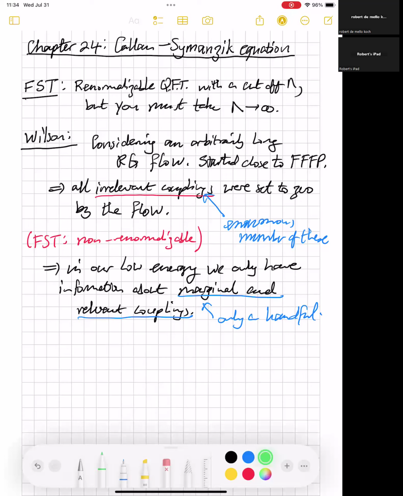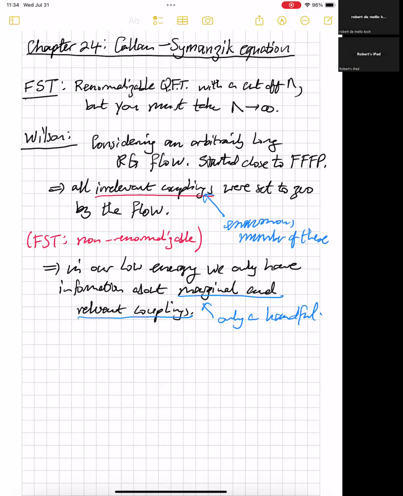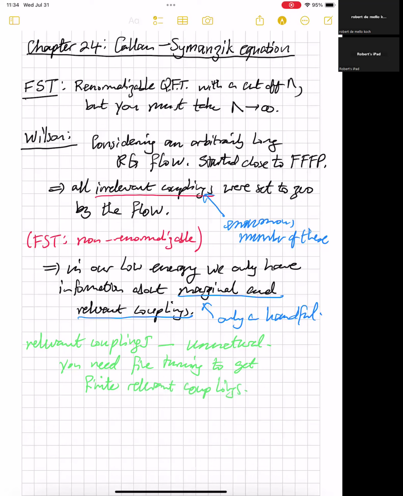So because of that, any effective theories that you have with relevant couplings are often called unnatural. And it's because you need a lot of fine-tuning to get finite relevant couplings after this extremely long RG flow.